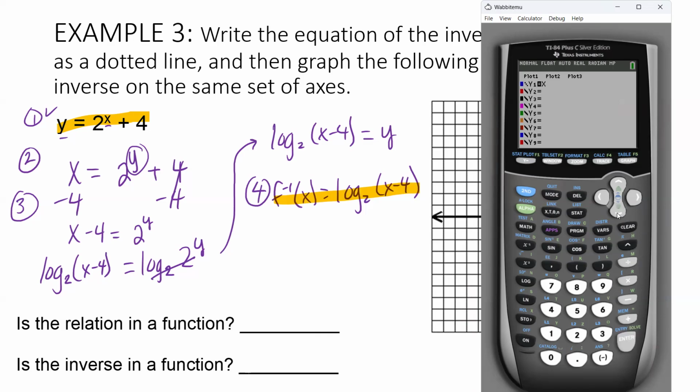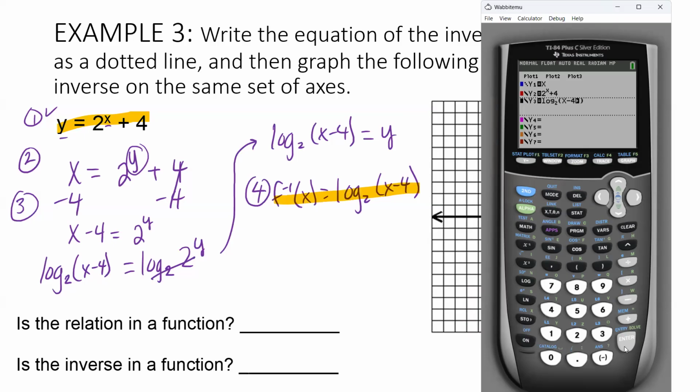All right, now I'm going to put in my second equation, my actual equation, which is going to be 2 to the x plus 4. And then I'm going to put in log base 2. Remember, alpha window 5, so I can do log base 2 of x minus 4.